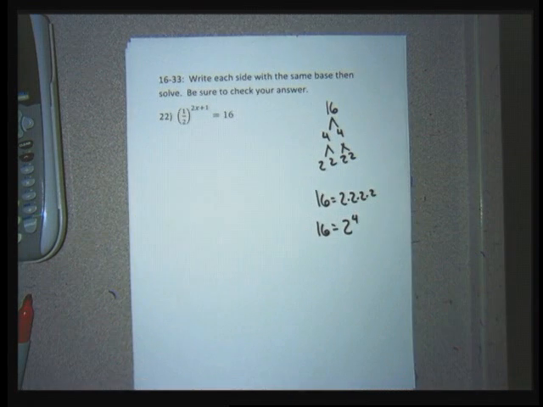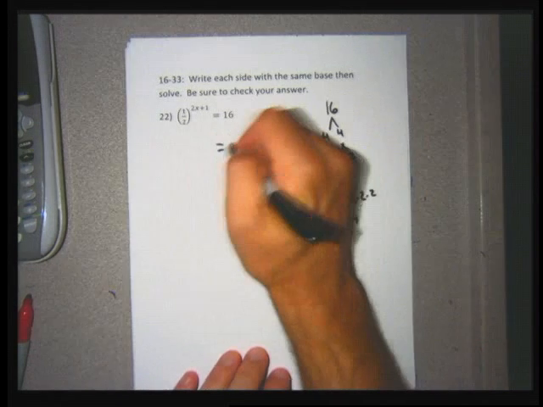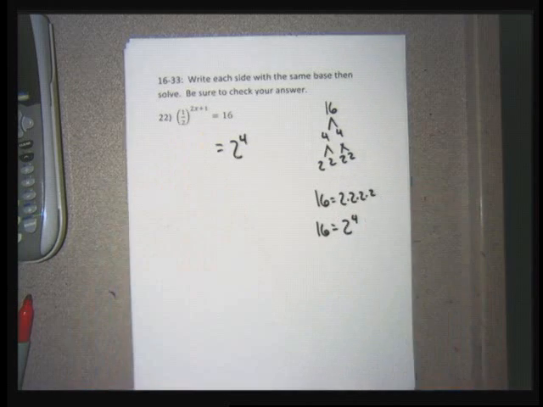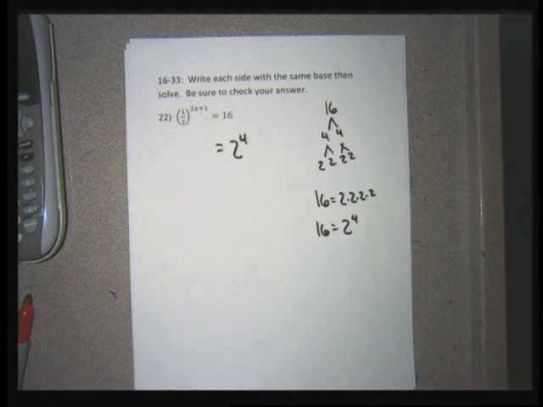I know how to make that into a 1/2, but that's too complicated. I'm not comfortable getting 16 as 1/2 to some power. So can I clean up the left side and make the left side 2 to some power? Because it's not easy for me to make 2 to the 4th equal to 1/2 to some power.